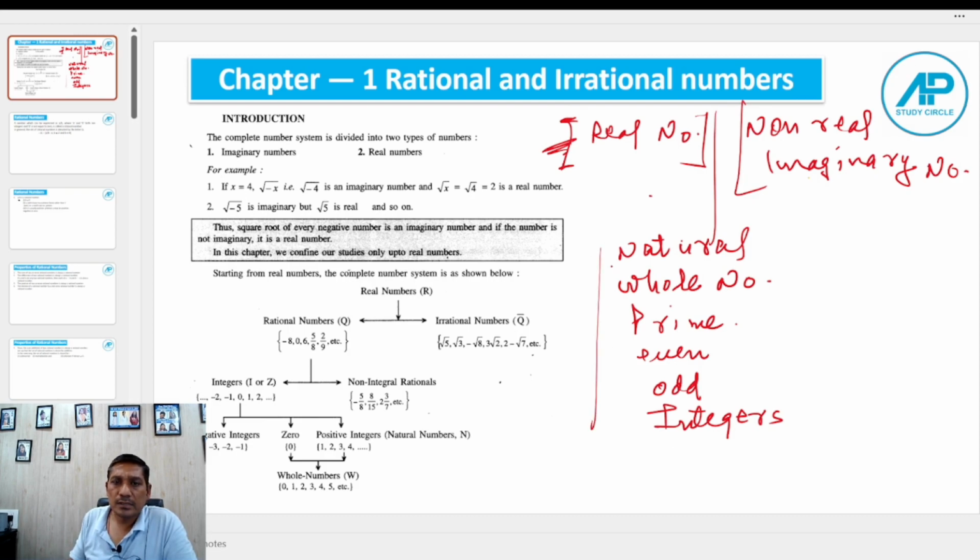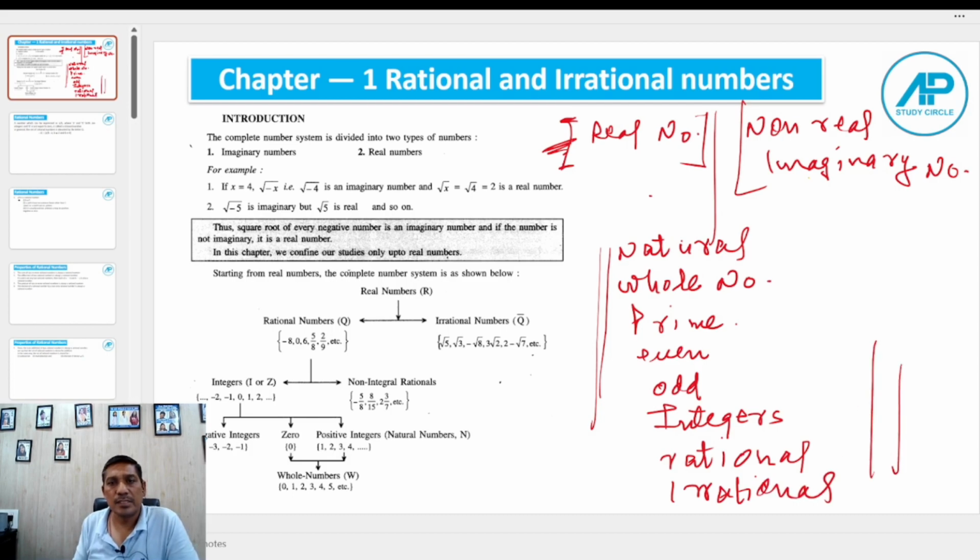All these numbers are actually real numbers. I can add more into it. I can add rational numbers, irrational numbers. ये सारे numbers रियल नंबर की कैटेगरी को बिलोंग करते हैं.